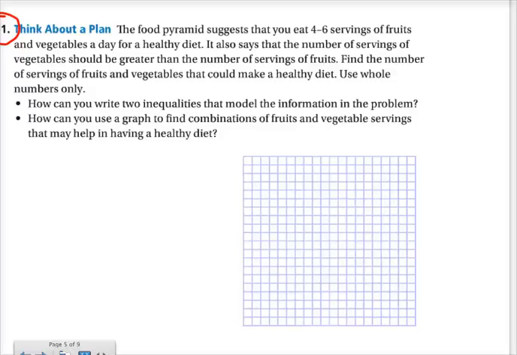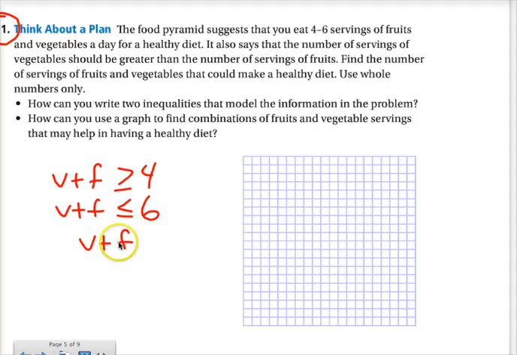So I saw a total up there of 4 to 6. So the vegetables and the fruits that you eat, when they're added together, need to be greater than or equal to 4. But they also need to be less than or equal to 6. And if you're thinking, well, can't we make an and sandwich out of that one? You absolutely could. You could put your vegetables plus fruits between a 4 and a 6, or write them separately.